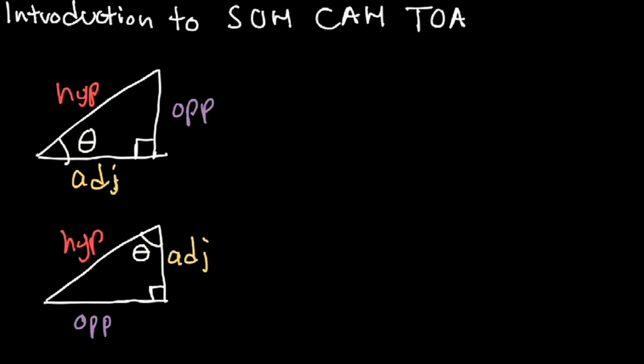Now we can talk about what SOH even means. SOH is an acronym. SOH just means sine of theta is equal to the ratio of opposite over hypotenuse.